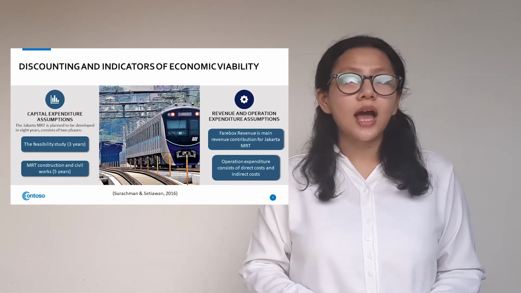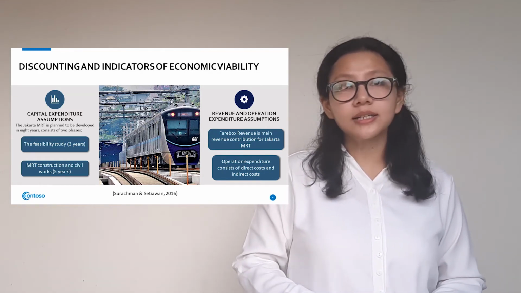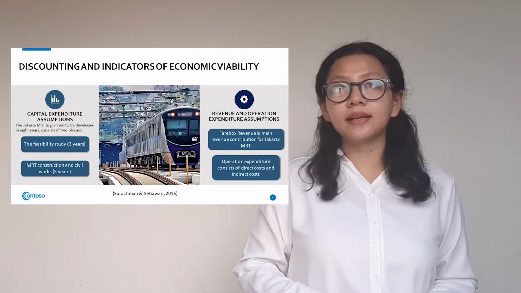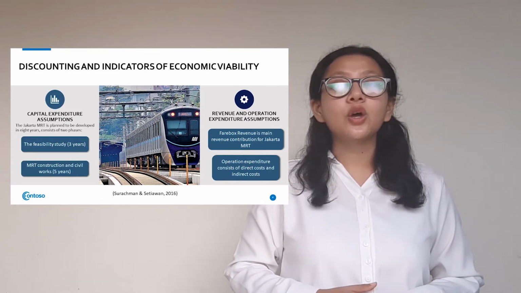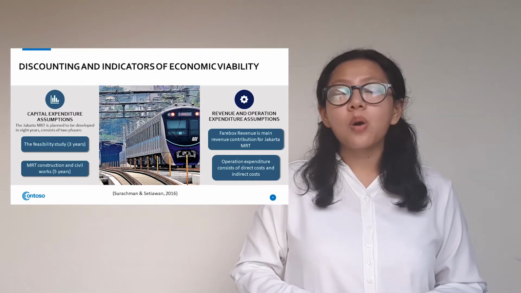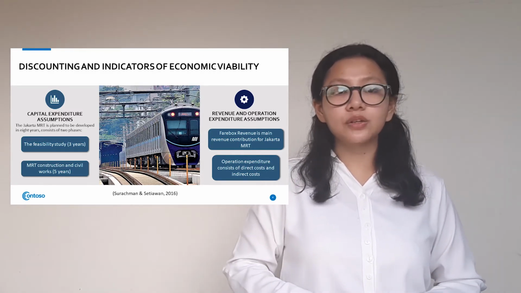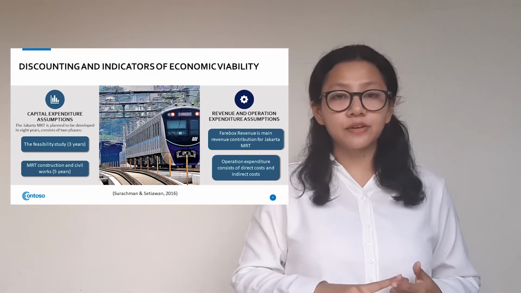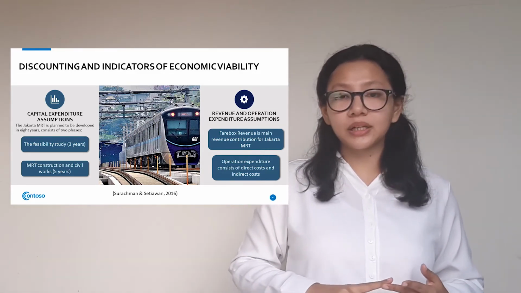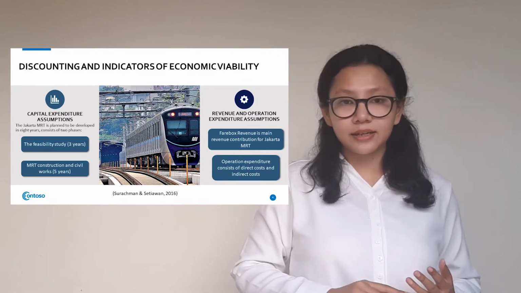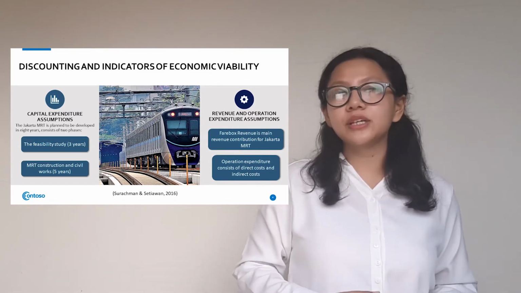For the first phase, the feasibility studies are conducted comprehensively and followed by procuring and resettling the land, which will take 3 years to do. While the second phase, the MRT construction and civil works includes the building of track, civil and electric work building, station works, and also depots and connecting ways, which will take 5 years to build.